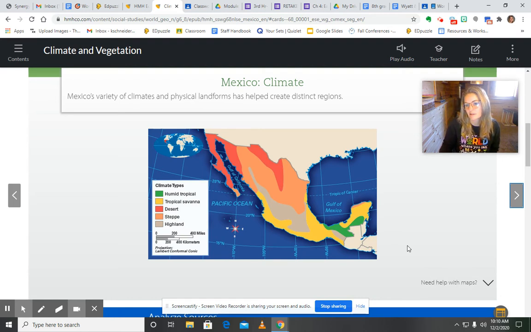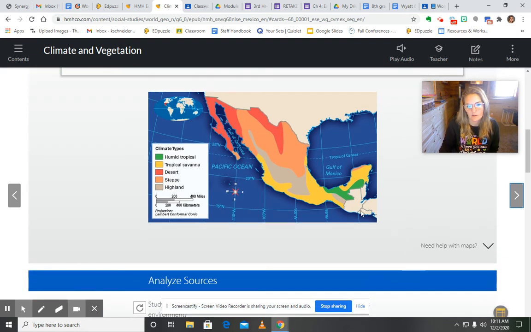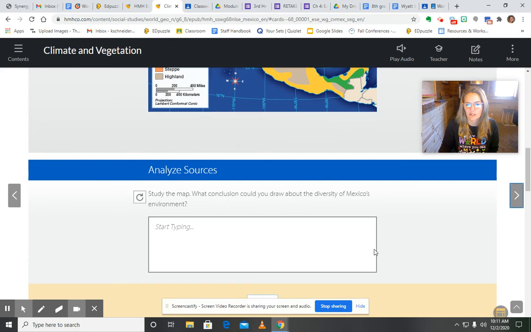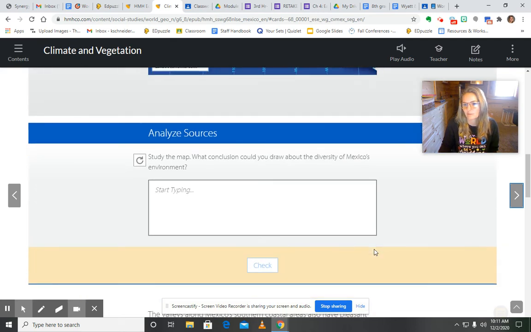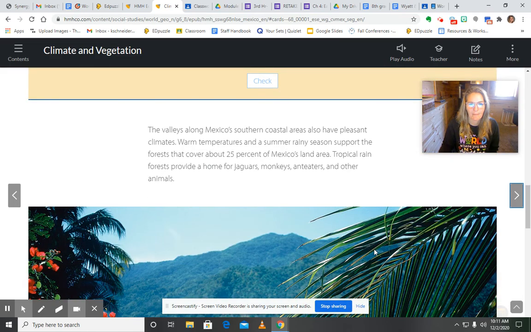Or maybe there isn't a majority, maybe it's kind of diverse and equal. Or could you say that there's specifically desert land in the north? You could say there's specifically humid tropical climate in the south. So just pretty much say the basic facts about what you see in the map.